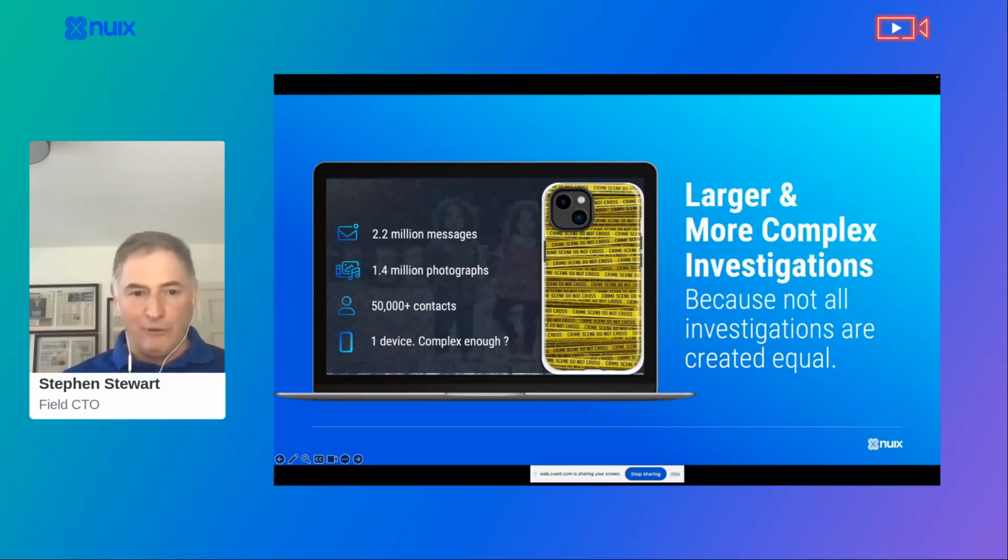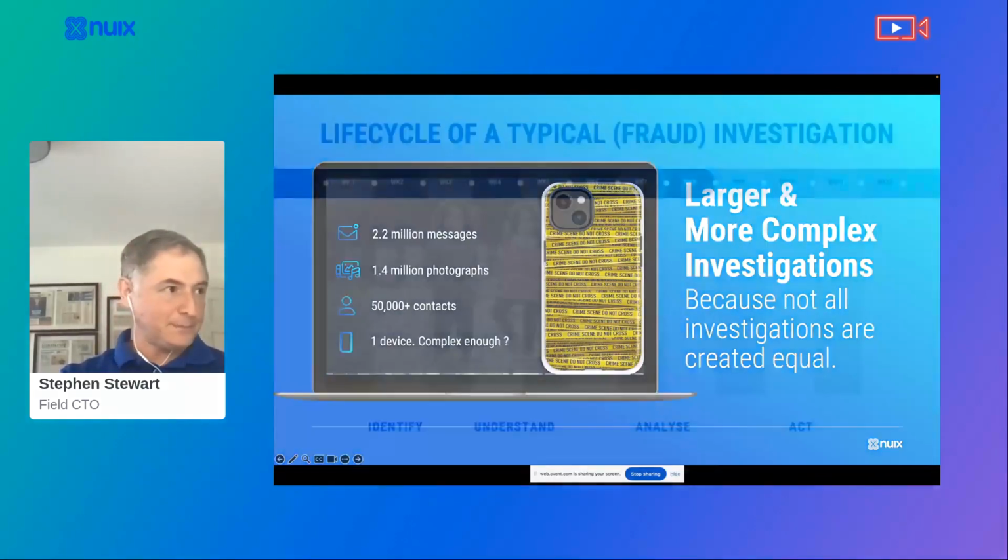So now everything is high volume in terms of data quantities and high complexity, because you're trying to understand how all of this stuff interrelates. And you need to be able to feed it into a system that will allow you to index, process it, extract that information, and get to those outcomes as quickly as possible.